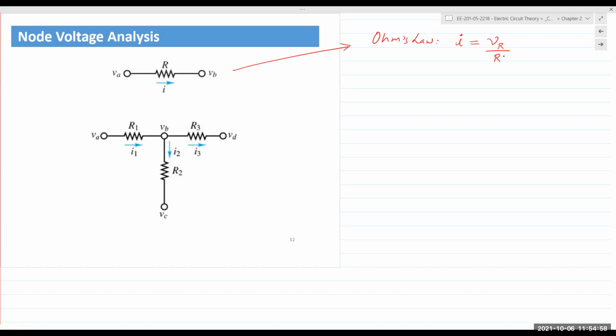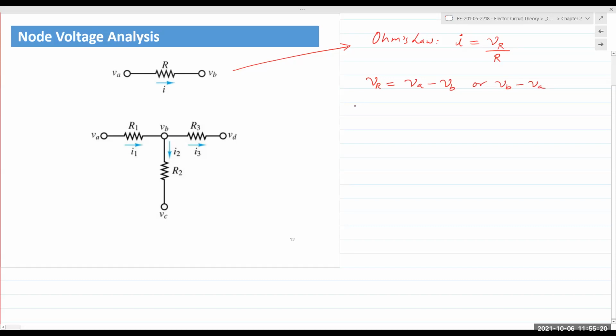Now I would express the resistor voltage in terms of the node voltages, VA and VB. I would write VR is VA minus VB, or I could write VB minus VA.